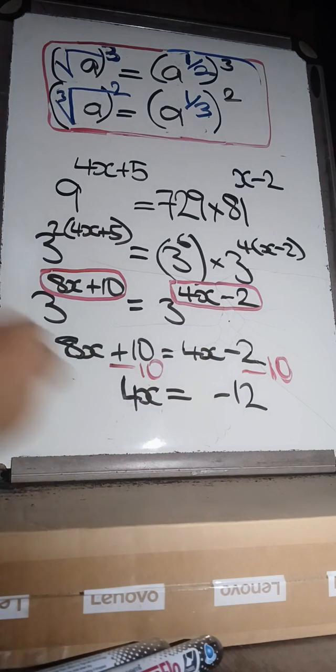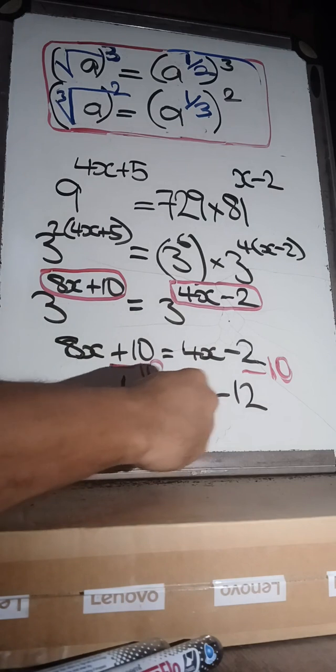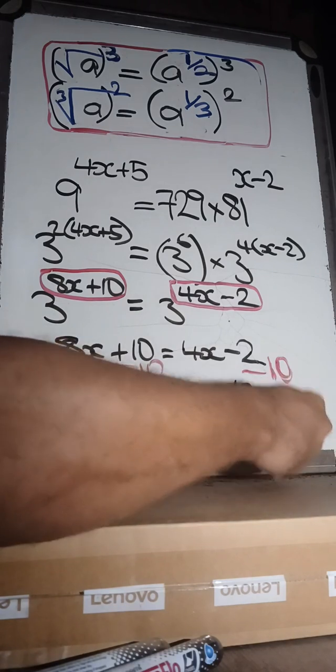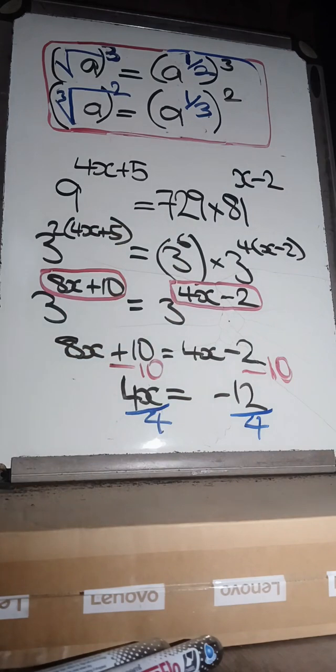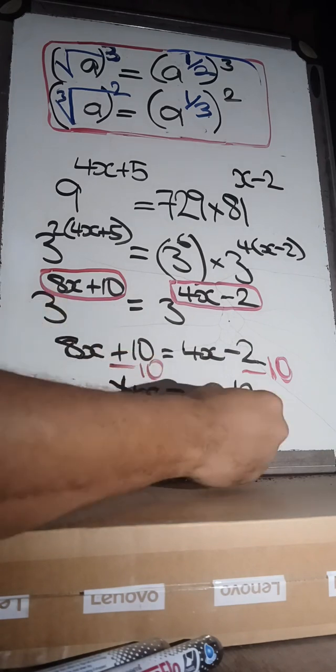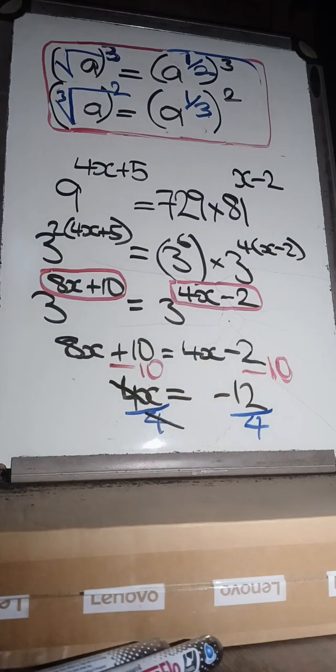Last thing we need now, we divide this by 4, that by 4. So now we have, finally, x is equal to minus 3.